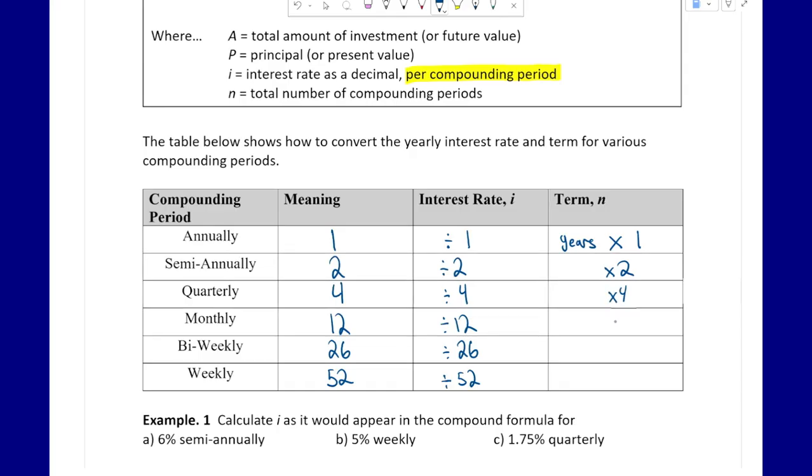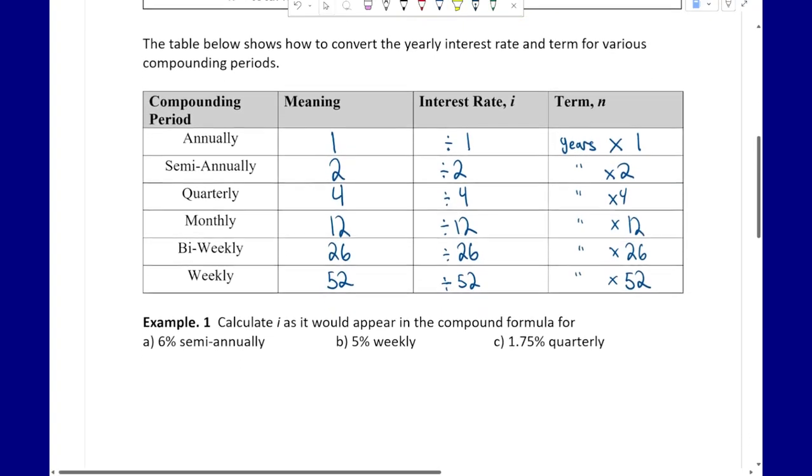Quarterly, we multiply by 4. Monthly, we multiply by 12. Bi-weekly, we multiply by 26. And weekly, we multiply by 52. We'll do some of those calculations and look at this more in depth when we look at the actual formula and some questions.